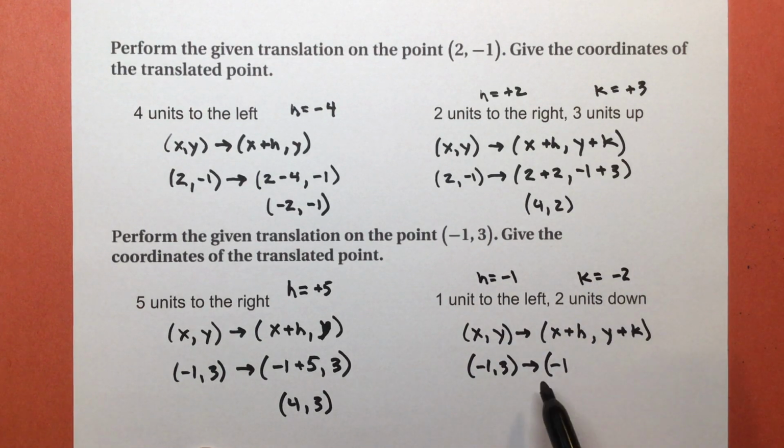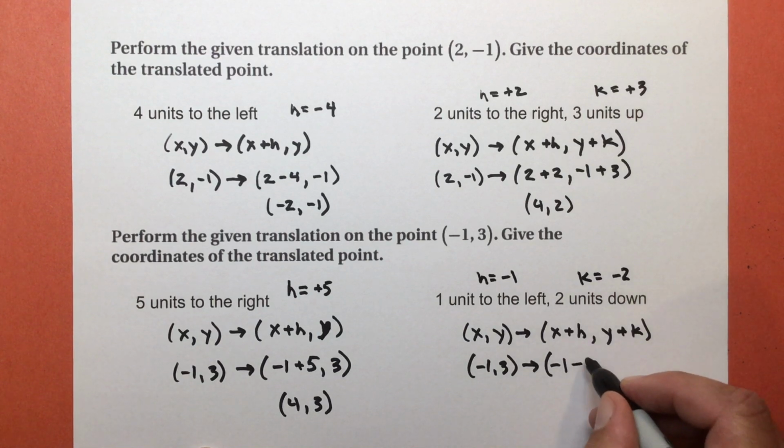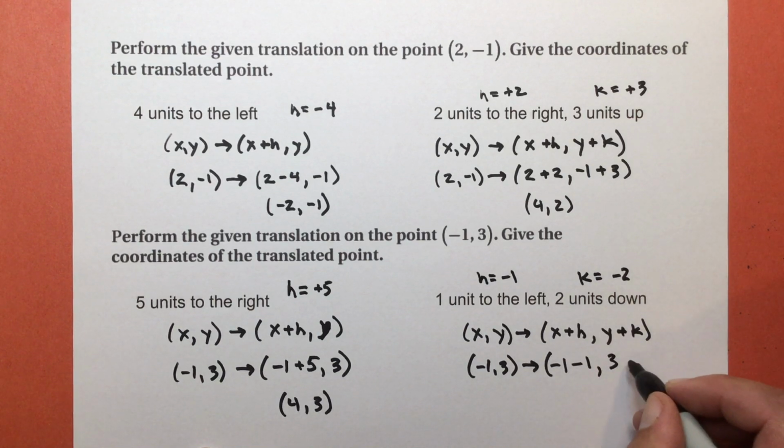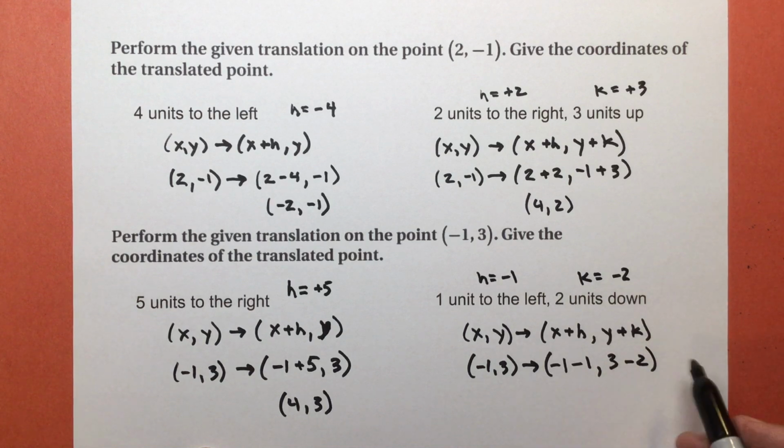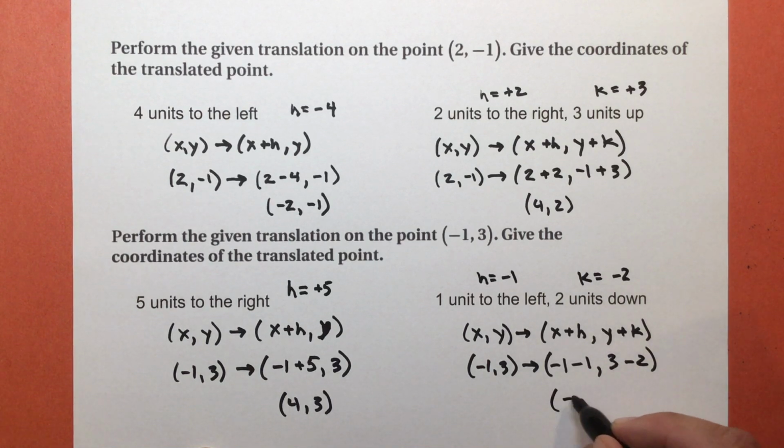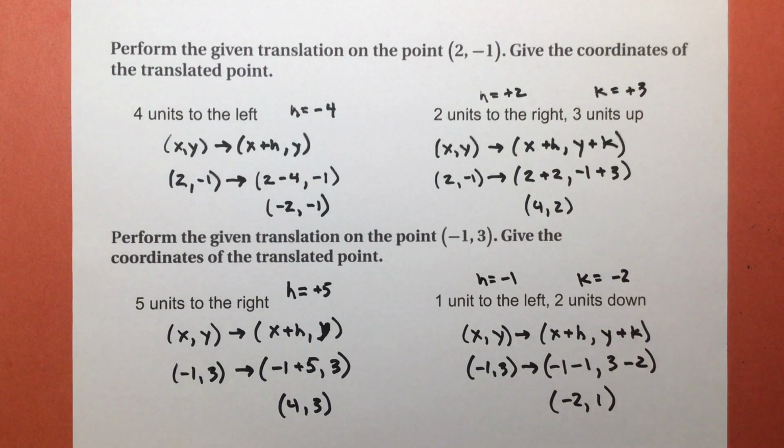Should have done that first. So I'm going to do -1 minus 1 and 3 minus 2. And this simple addition is going to be (-2, 1).